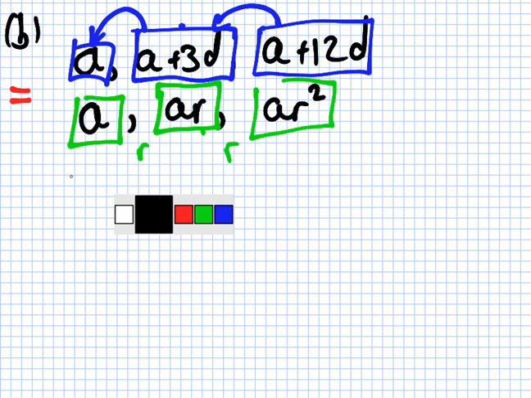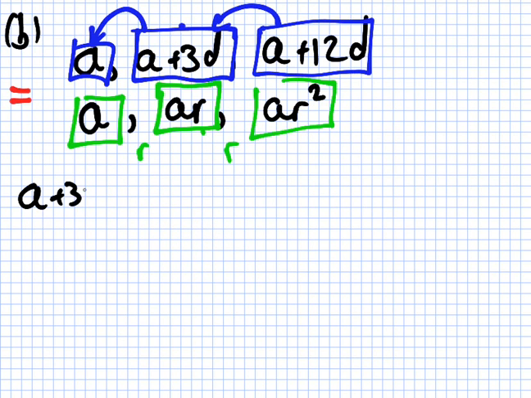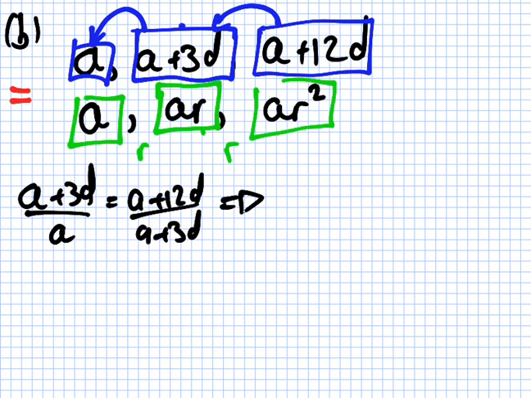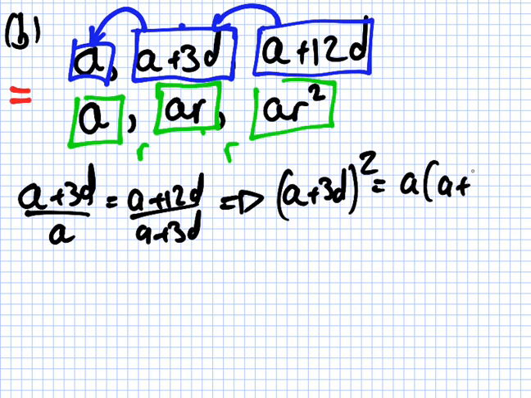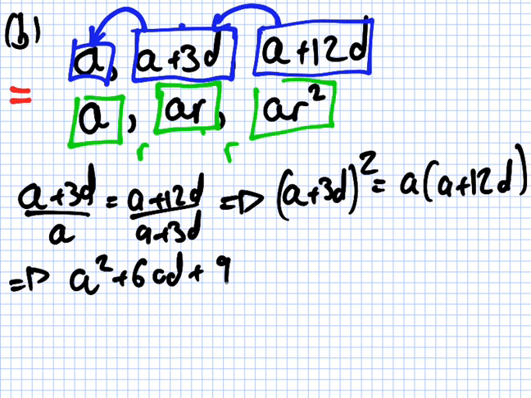So we end up making this equation: a plus 3d over a equals a plus 12d over a plus 3d. Cross multiplying, we have a plus 3d squared equals a times a plus 12d. So that means a squared plus 6ad plus 9d squared equals a squared plus 12ad.